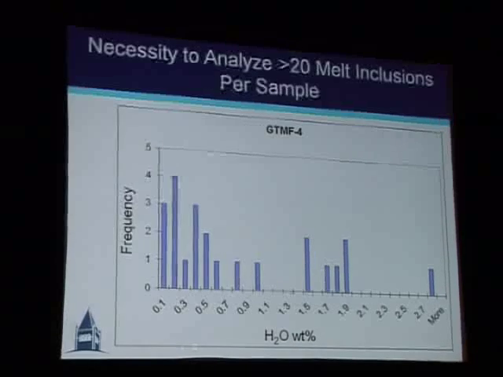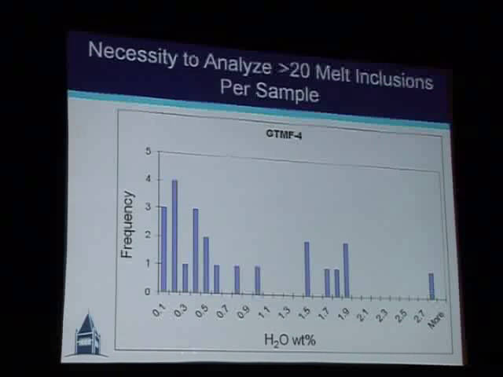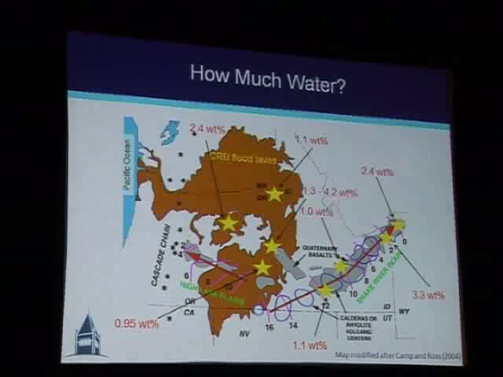Only very few of those inclusions are going to retain very high concentrations. Others are going to lose their water through various processes, either during the eruption, during crystallization, and possibly even during the homogenization experiments in the lab.